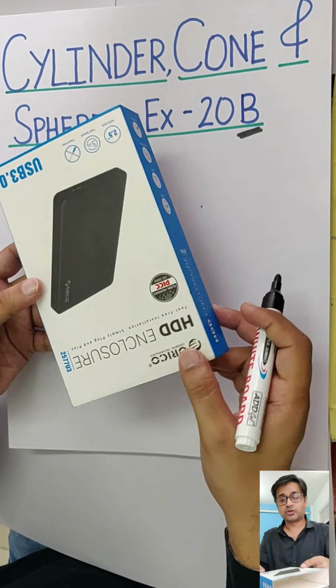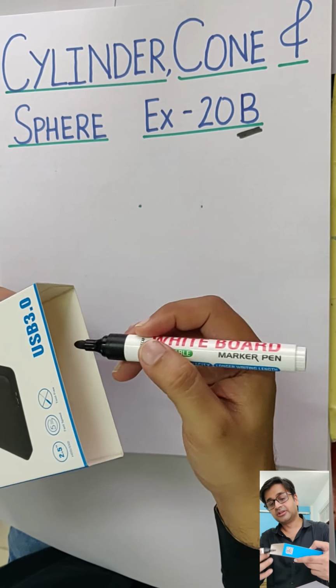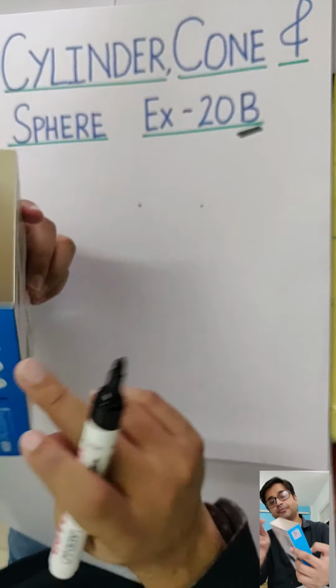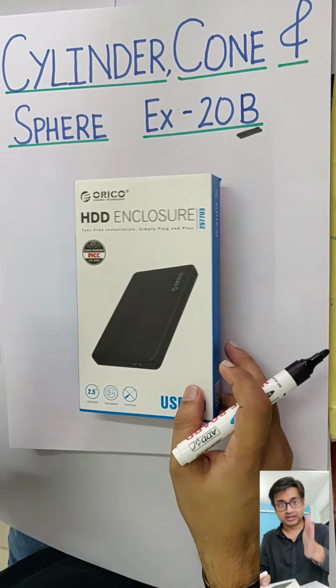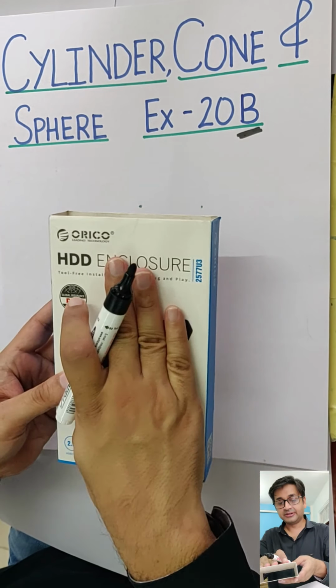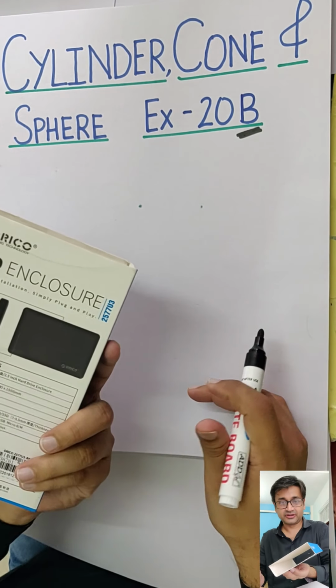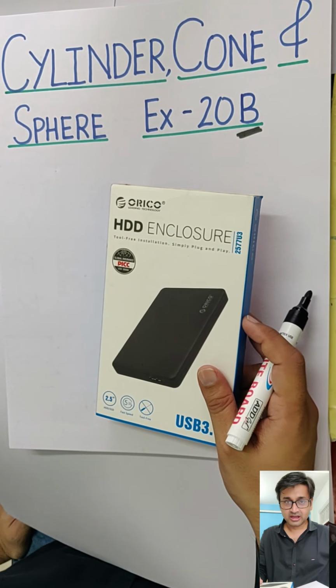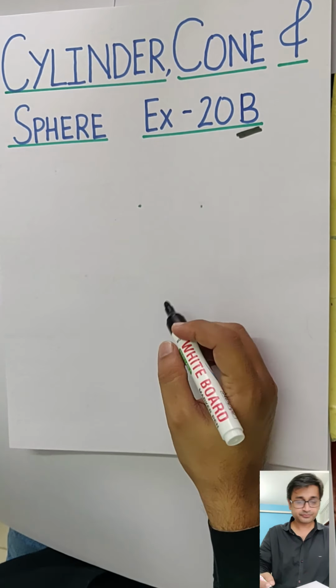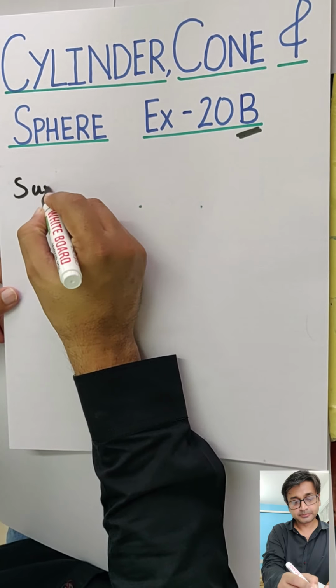Now if you look at this object, it has 1, 2, 3 and 4 vertical faces. Vertical means straight faces, and 1 and 2 horizontal faces. So 4 vertical faces, 2 horizontal faces. Are you getting it?